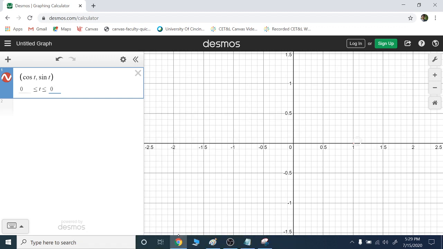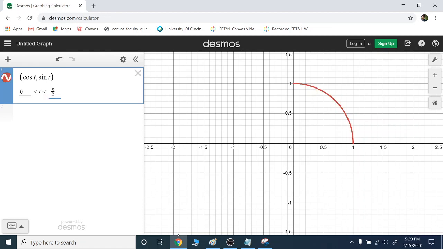You can see that there is a small red dot at the 1, 0 point. And by increasing t, let's say up to 1, you will get this. And if we increase t up to pi by 2, you will get this part of the circle.